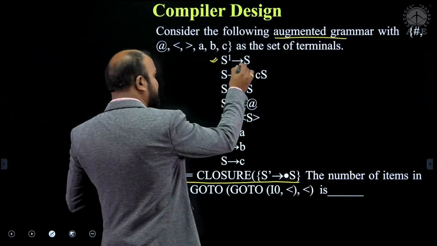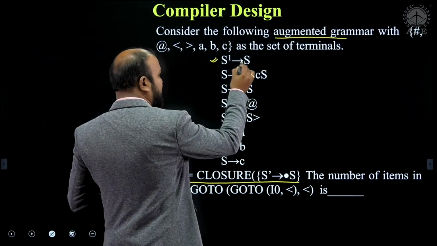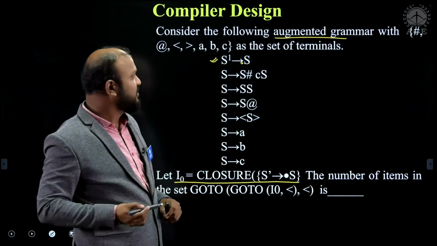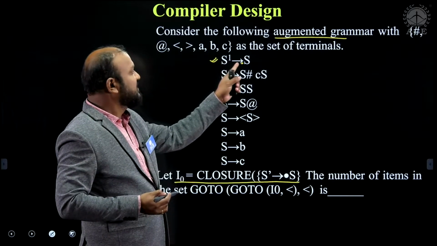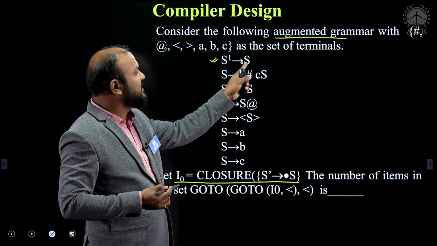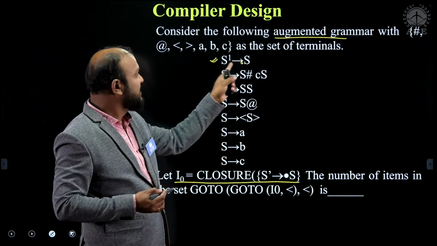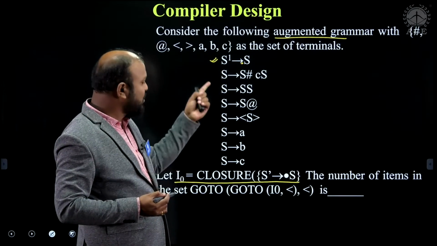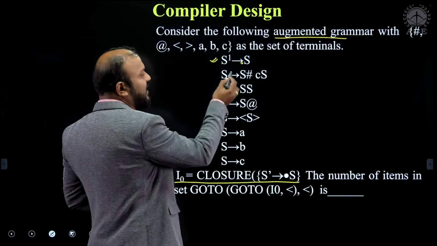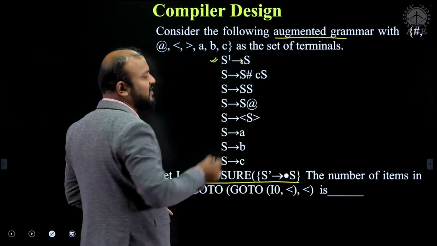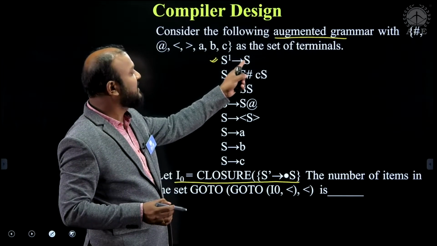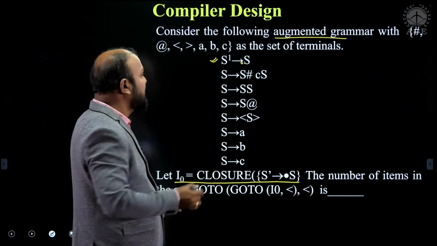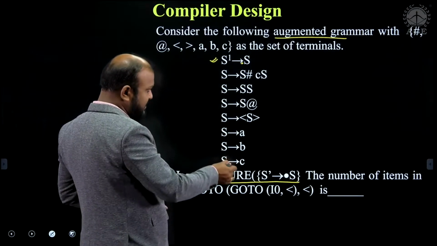S' tends to dot S means we need to derive some terminals starting with S productions. When you have to find the closure, we need to add those set of productions that are with S. With S, we do have these productions.